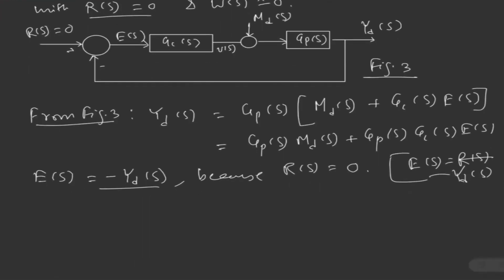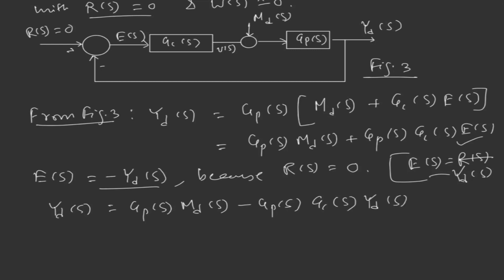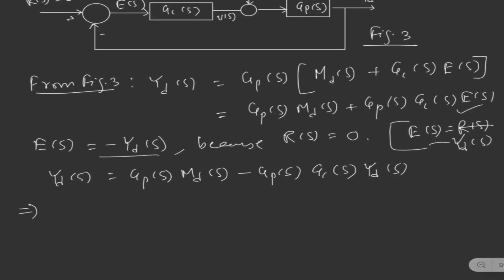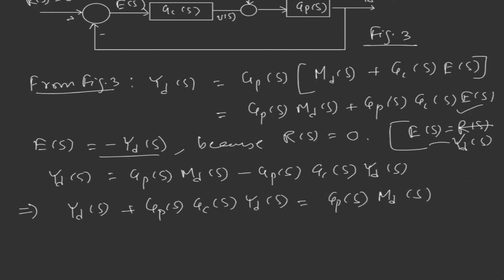Now if we substitute this expression in this equation, we get Y_D(s) equal to G_P(s) M_D(s) minus G_P(s) G_C(s) Y_D(s). After rearranging the equation, we can write Y_D(s) plus G_P(s) G_C(s) Y_D(s) equal to G_P(s) M_D(s).